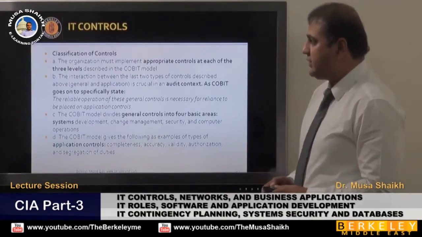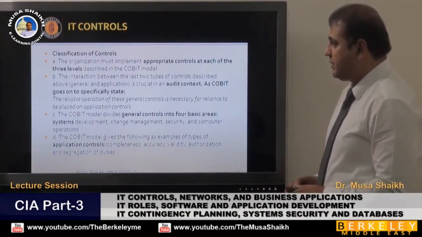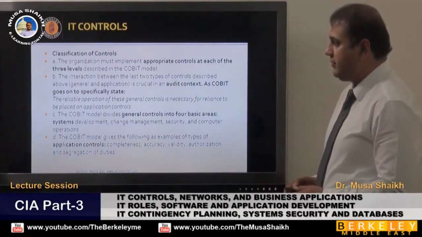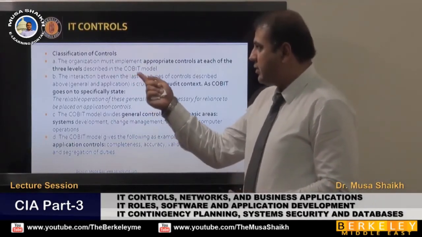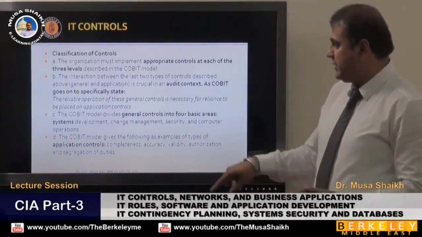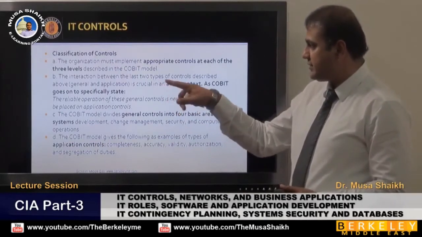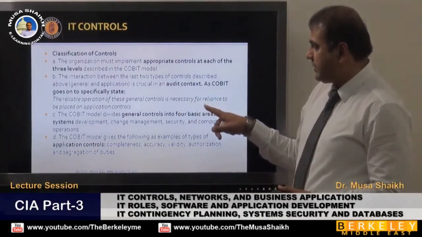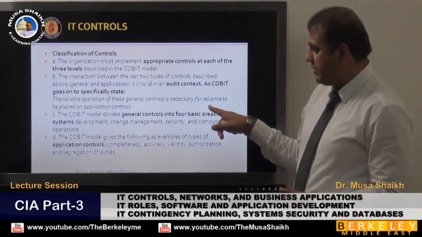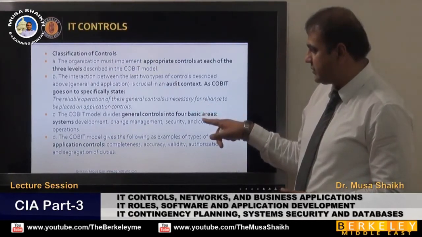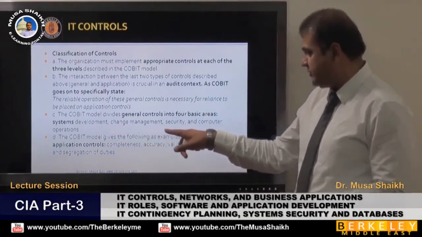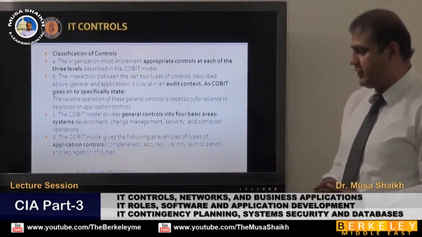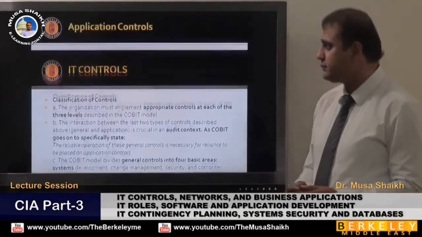In terms of classification of controls, the organization must implement appropriate controls at 3 levels in the COBIT models. One is general and application, then it should be reliable. General controls are in 4 basic areas like system development, change management, security and computer operations.